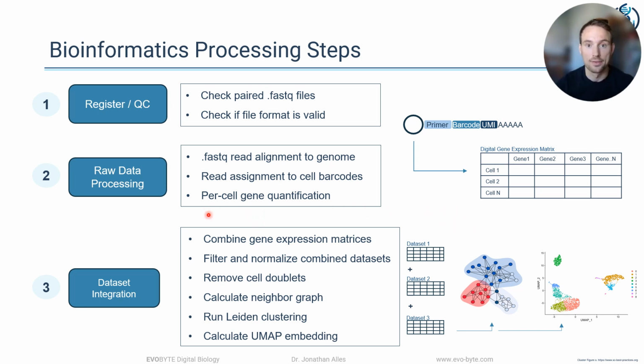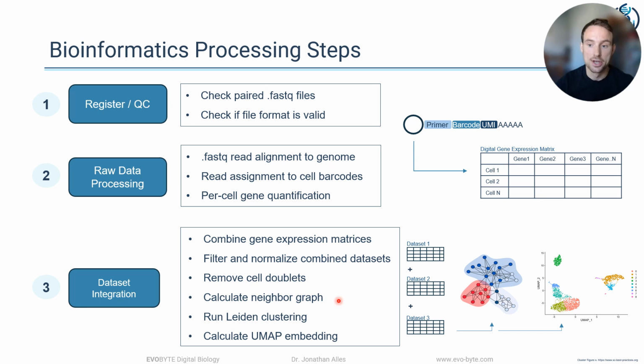So not only of the current experiment, but also of the previous ones. We then filter and normalize these data sets. We remove cell doublets that can arise during the experiment, and then on the full data set, and this is important, we calculate a neighborhood graph and perform a clustering of the full integrated data set.